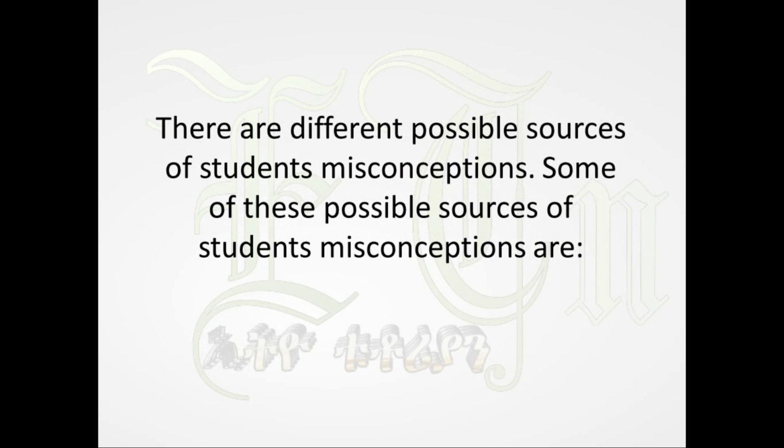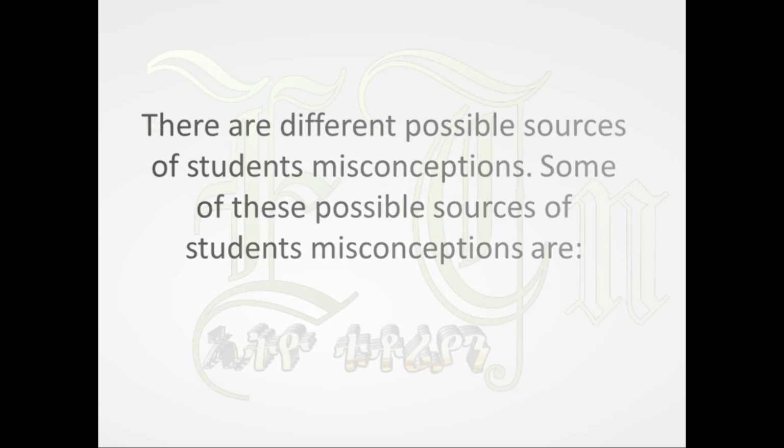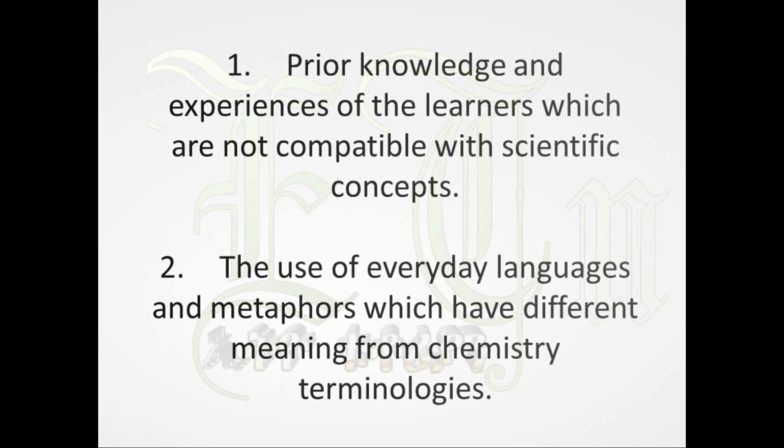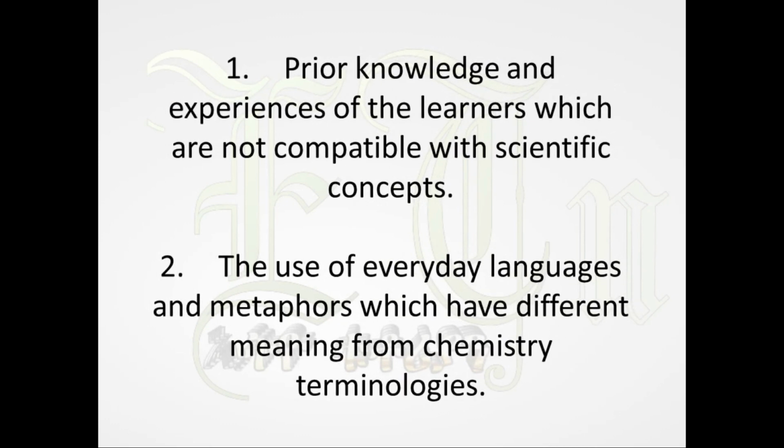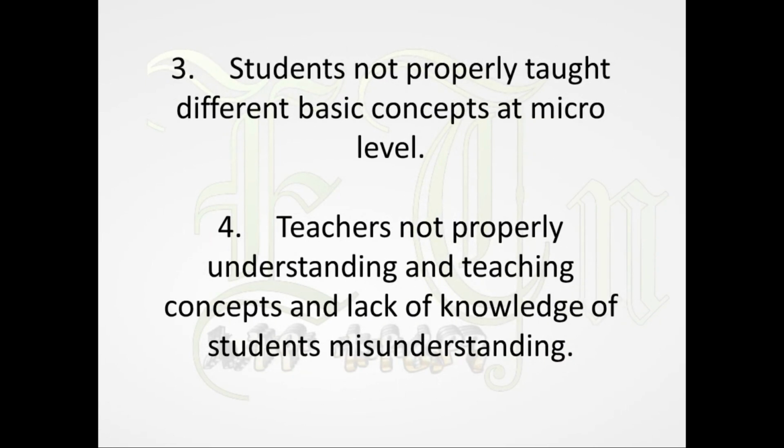There are different possible sources of students' misconceptions. Some of these possible sources of students' misconceptions are: 1. Prior knowledge and experiences of the learners which are not compatible with scientific concepts. 2. The use of everyday language and metaphors which have different meaning from chemistry terminologies. 3.